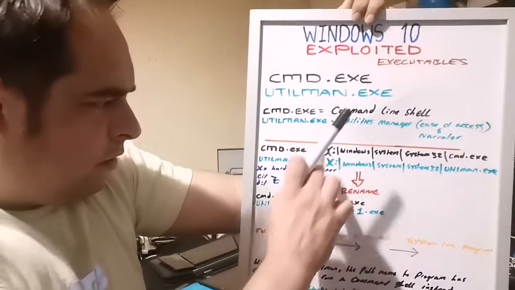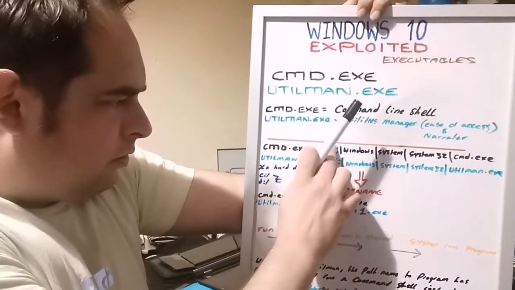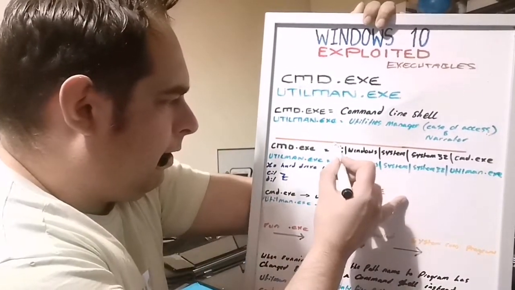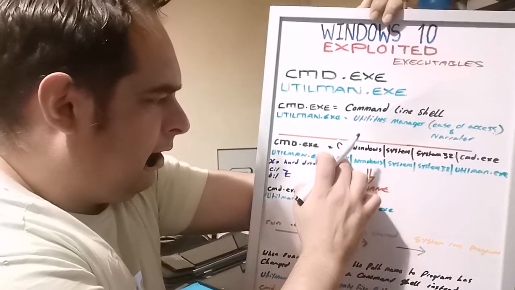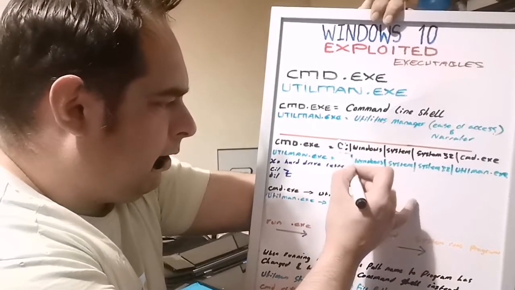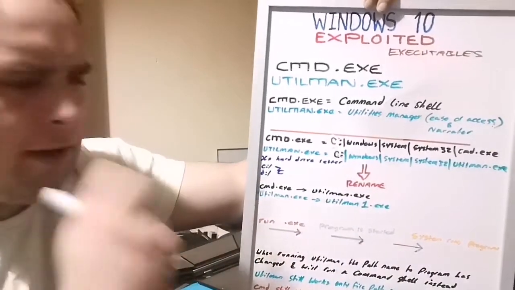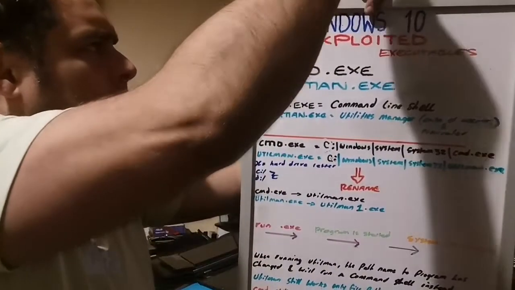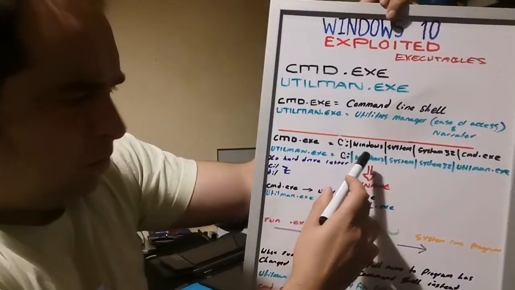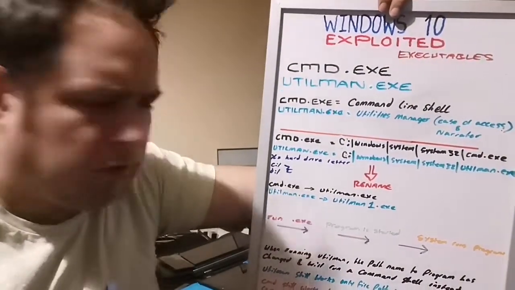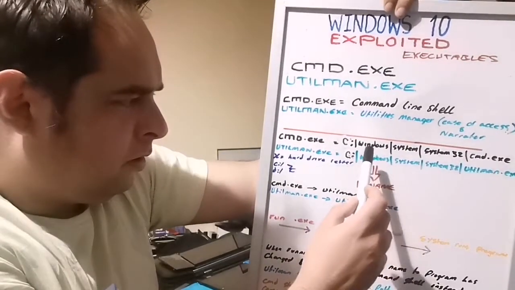So in this case, we can get rid of the X, and we'll just change that to a C, and we'll do the same thing there as well. Okay, so now what we have is C colon backslash Windows, because it's obviously in the Windows operating system.